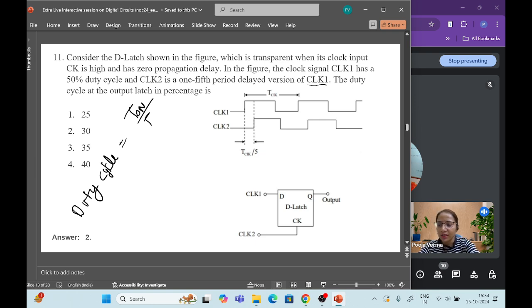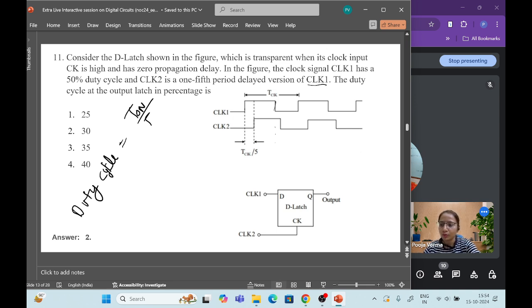The output of a D latch is high when both the input clock 1 and clock 2 are high, so it will be high from here to here. The output waveform is the AND condition of the two clock inputs.